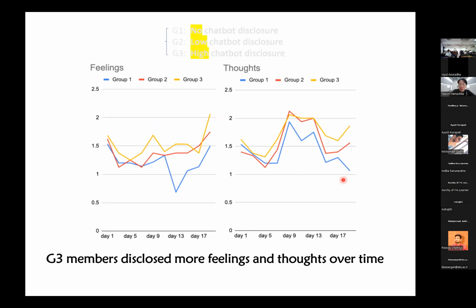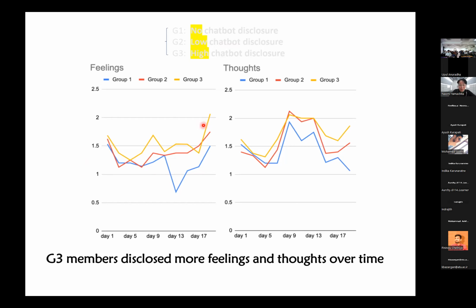We also manually coded the depth of self-disclosure, not just how much they wrote, from 0 as lowest to 3 as highest. And these graphs show the average depth of self-disclosure for each group.